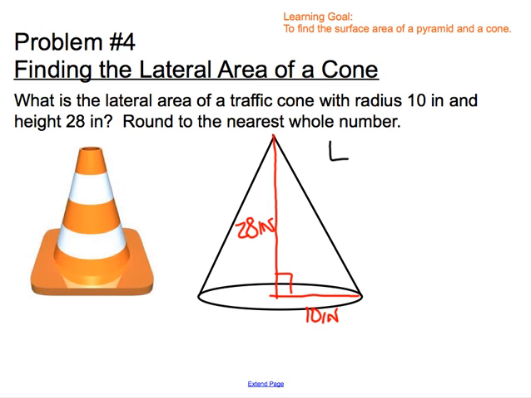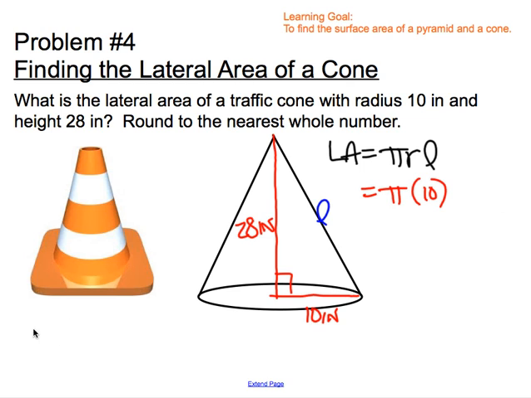Now, remembering back to the formula for lateral area, we know that the lateral area is pi times the radius times the slant height. So let's go ahead and plug in the numbers that we know. We have pi times the radius, which we're told is 10, times the slant height. See, another situation where we have to actually calculate the slant height.